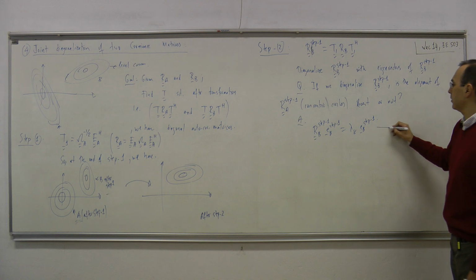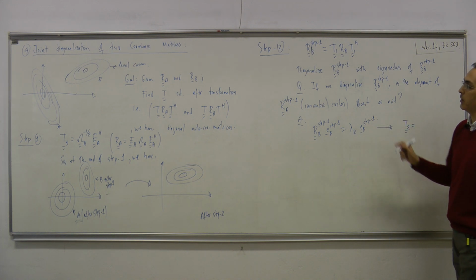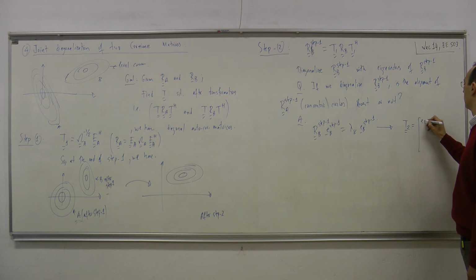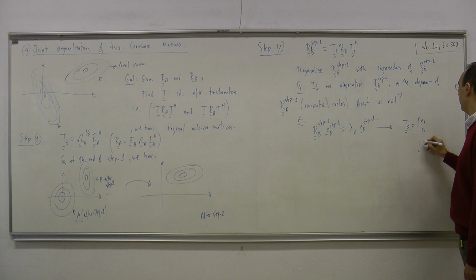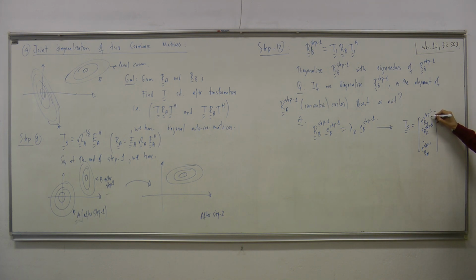So my T2 mapping at the second step is built from E1, E2, let's say EB1, EB2, up to EBN, step 1, and I have the permutation of these.